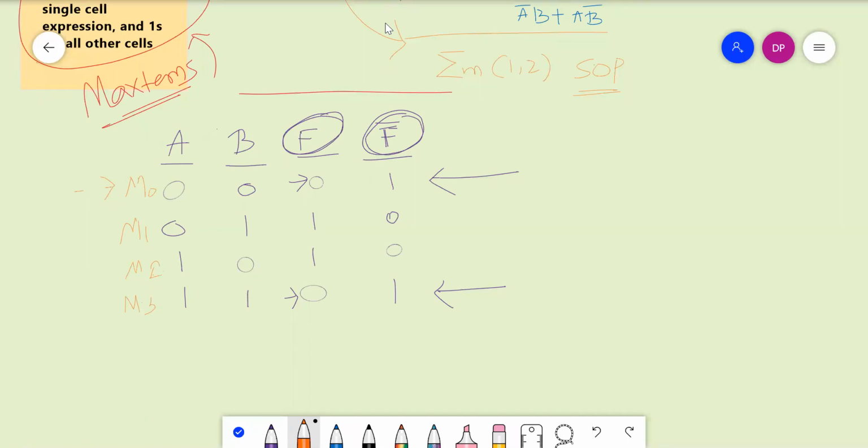A plus B. Okay, it's not A bar plus B bar. So for this set of inputs, it is written as A plus B. For this set of inputs, it is written as what? A plus B bar. For the third one, it is written as A bar plus B. The fourth one, A bar plus B bar.